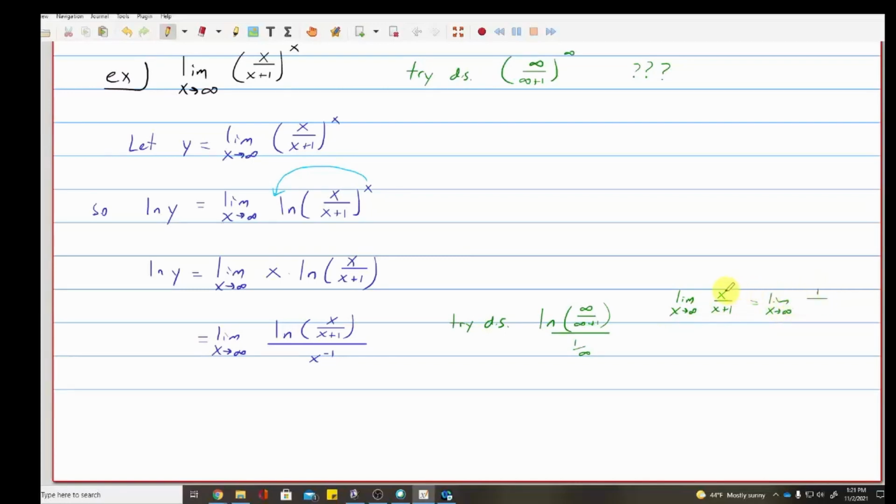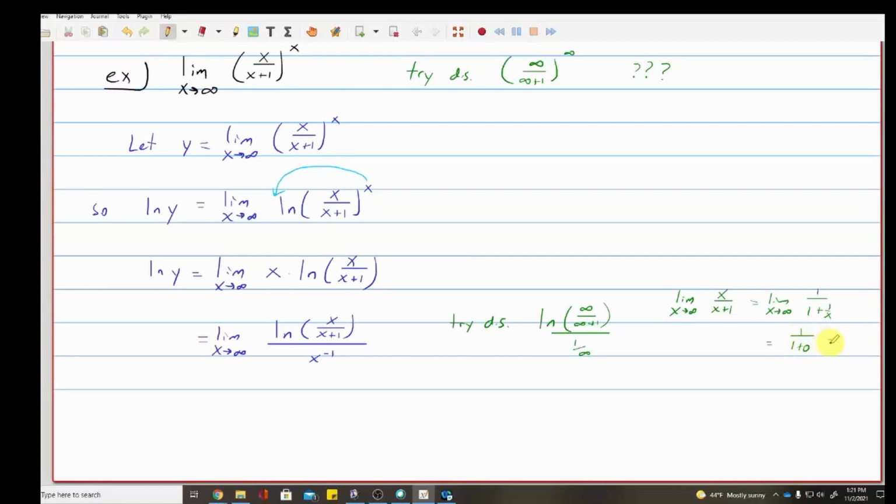So when I divide by x, I'll get 1 over 1 plus 1 over x. And as x goes to infinity, that's going to give me 1 over 1 plus 0, which is 1 over 1, which is 1. So instead of writing an infinity over infinity plus 1, I can say that's like a natural log of 1 now.